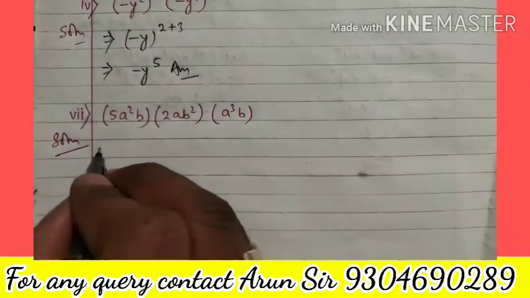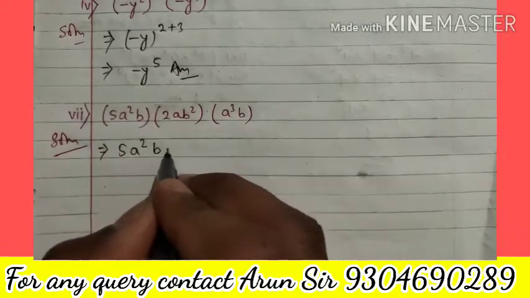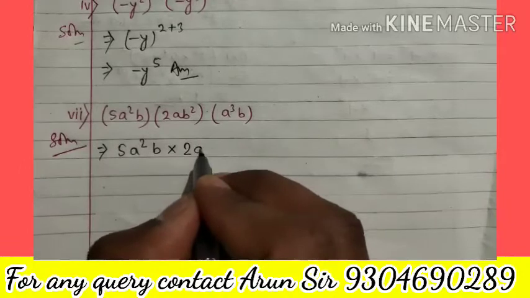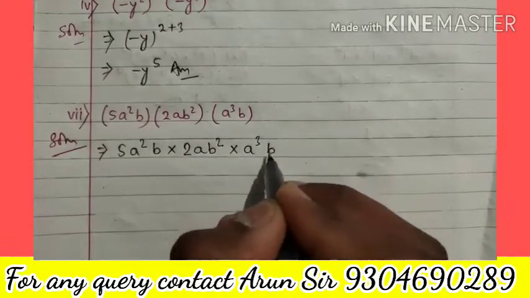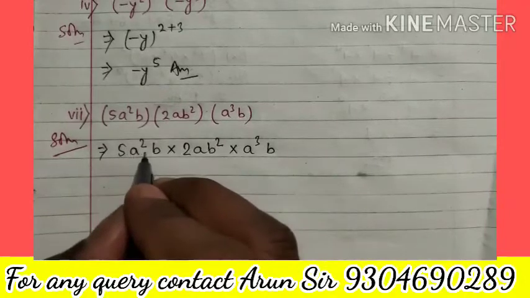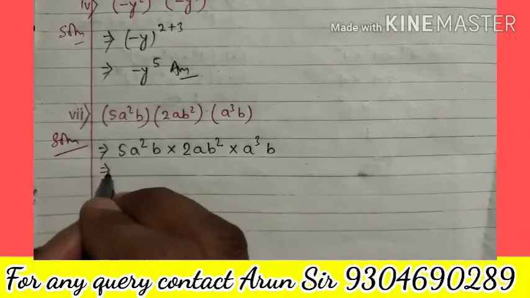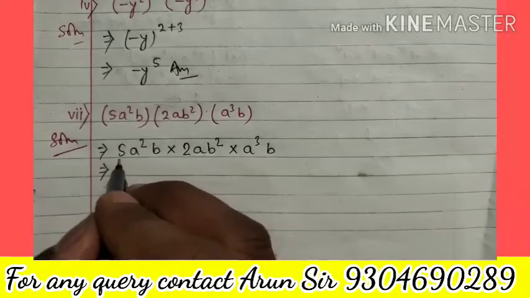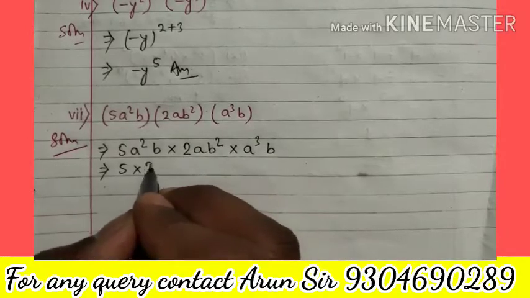First we will write 5a to the power 2b into 2ab to the power 2 into a to the power 3b. Here in between all the numbers there is a multiplication sign. First we will extract the constant term, that is 5 into, here another constant term is there, 2.